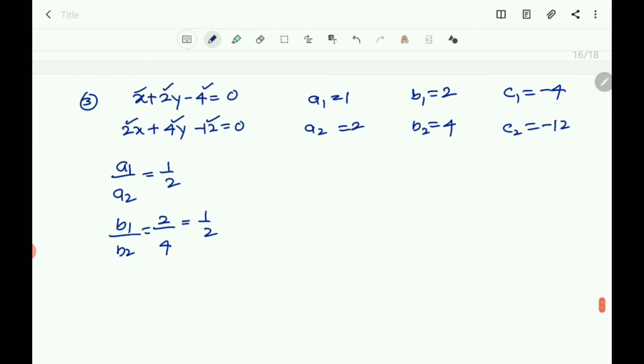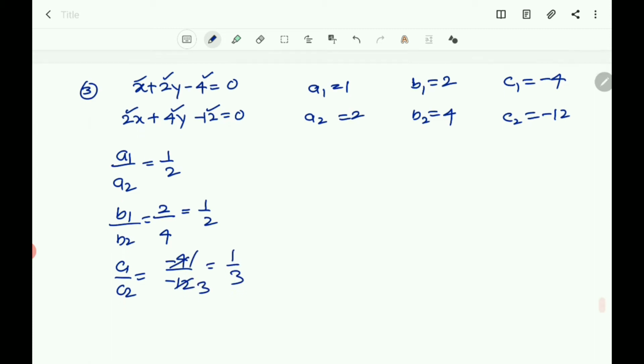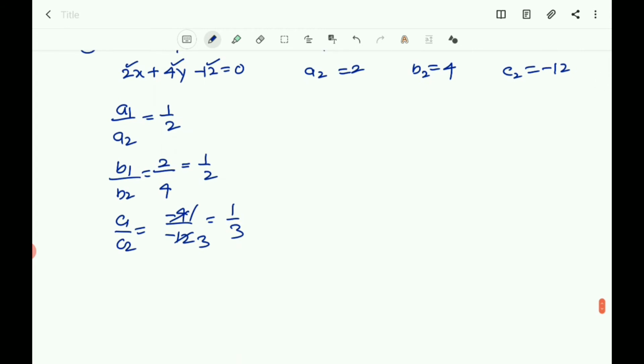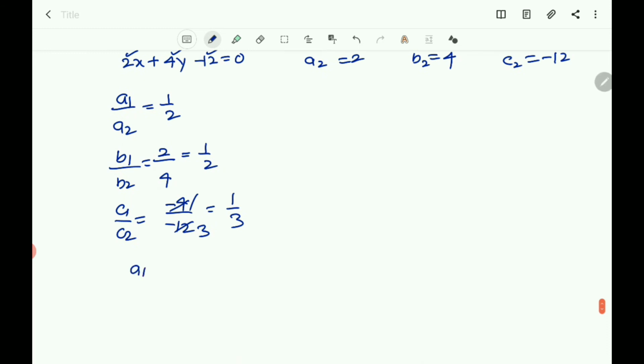Next you find c1 by c2, which is minus 4 by minus 12, that is 1 by 3. Here a1 by a2 and b1 by b2 are the same, 1 by 2, but it is not equal to 1 by 3, that is c1 by c2.